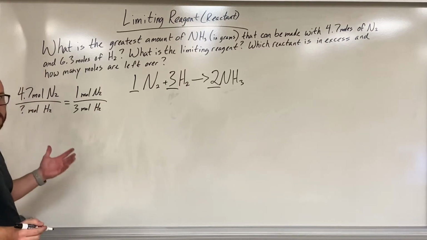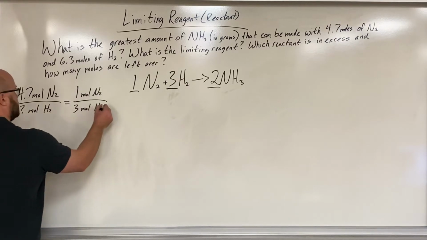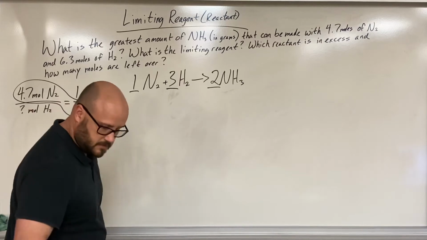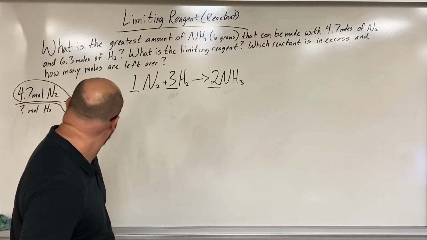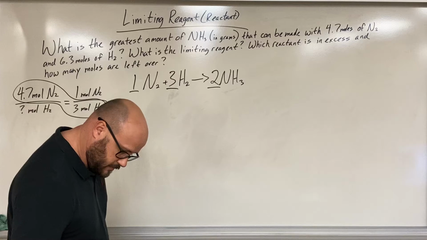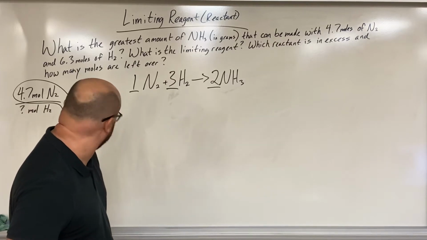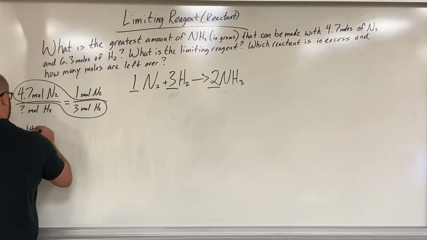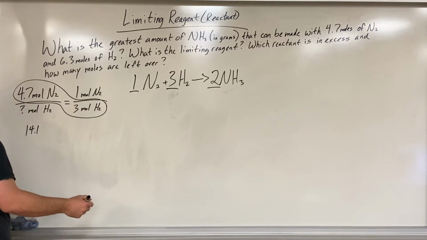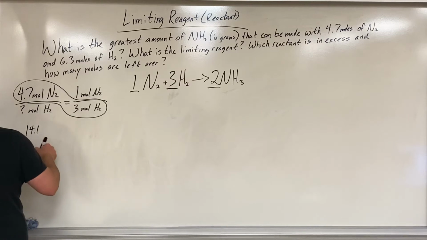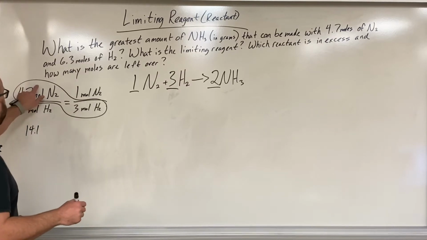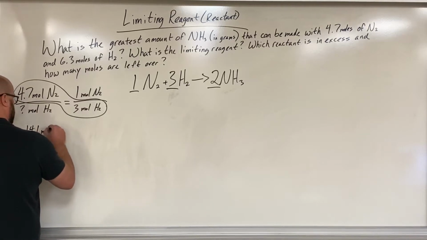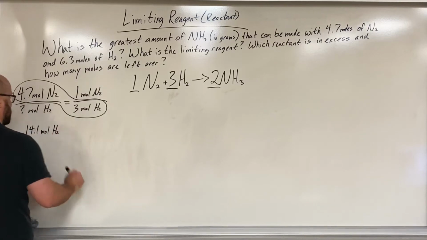Now we're just doing a mole-to-mole conversion. Cross multiply. 4.7 times 3 is 14.1. 14.1 divided by 1 is 14.1. So in order to use up all of this nitrogen, we'd have to have 14.1 moles of hydrogen.